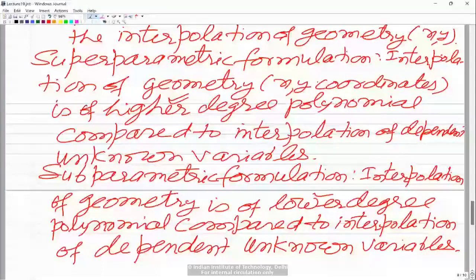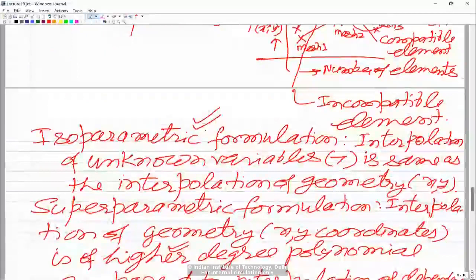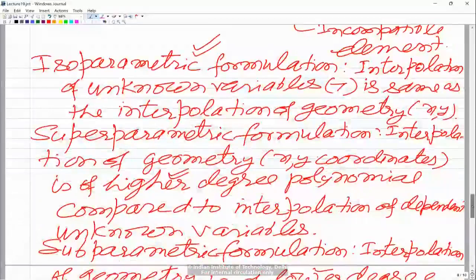But usually, as I already said, what we use is the isoparametric formulation. The packages, whatever elements you are going to use, are the element libraries of isoparametric elements. Of course, if you write your own code in MATLAB, Fortran, or C, you can use the other types of element. But in the packages, you have only isoparametric elements.